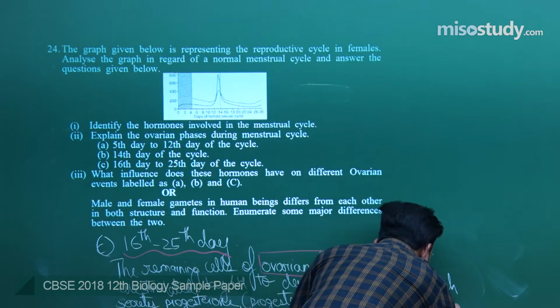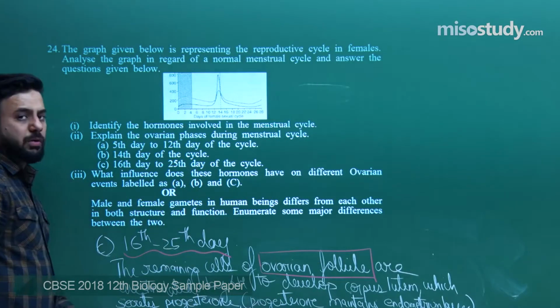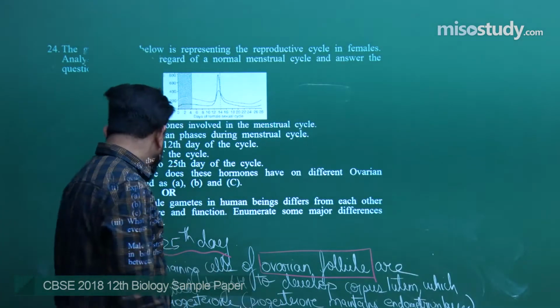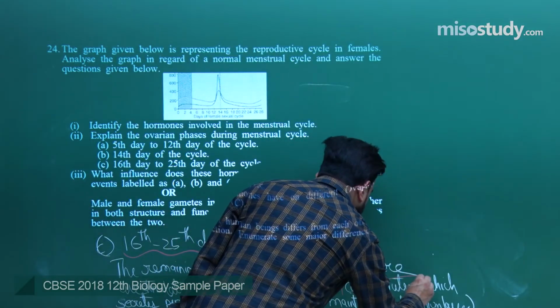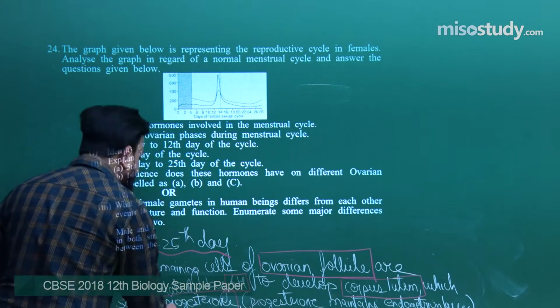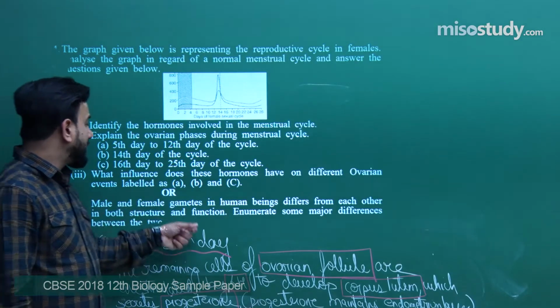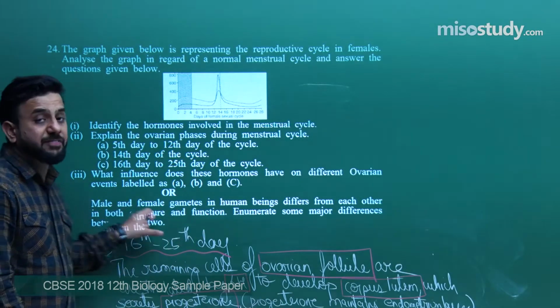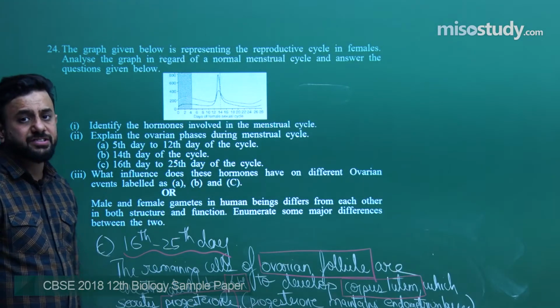Okay, endometrium layer. Right? The remaining cells of the ovarian follicle are stimulated by LH to develop corpus luteum, and this corpus luteum secretes progesterone, and this progesterone maintains the endometrium layer. So friends, you write down all this, and this OR question, that is difference between the male and the female gamete, we will be discussing in the next session.